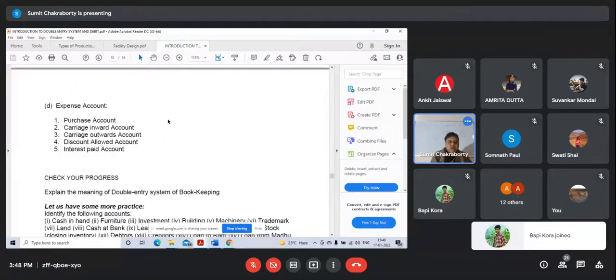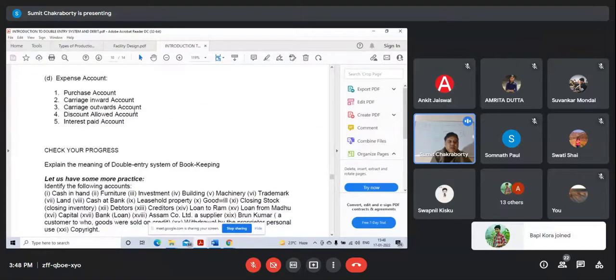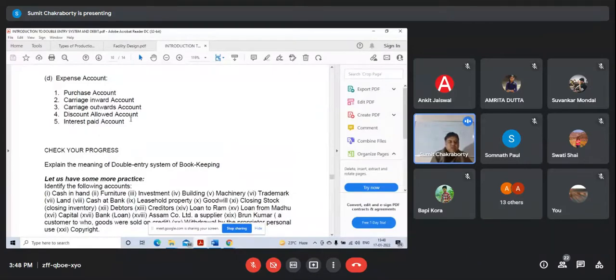Expense accounts: purchase account, carriage inward account, carriage outward account, discount allowed account, interest paid account.